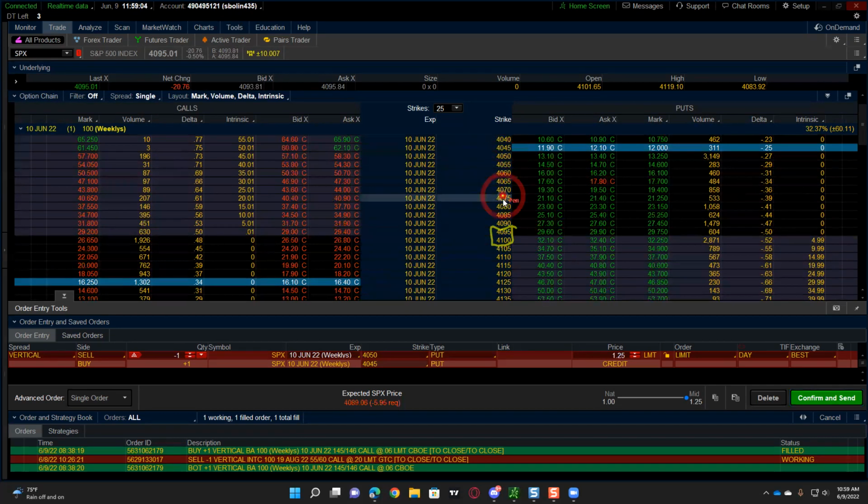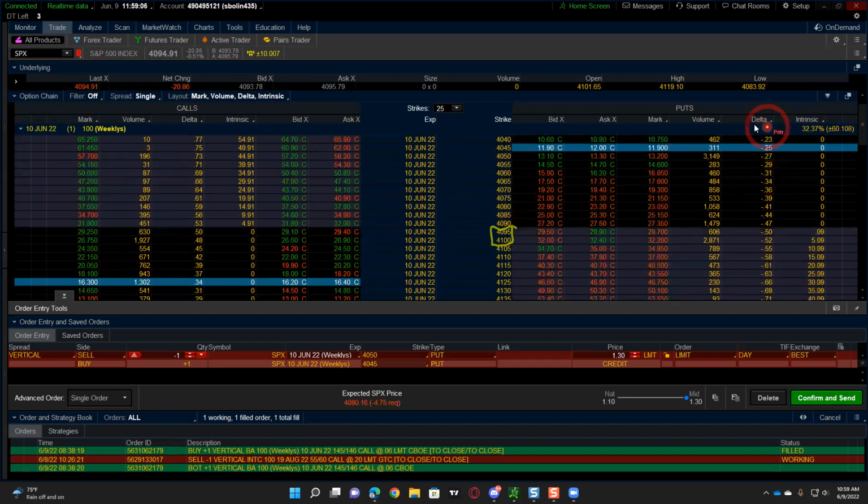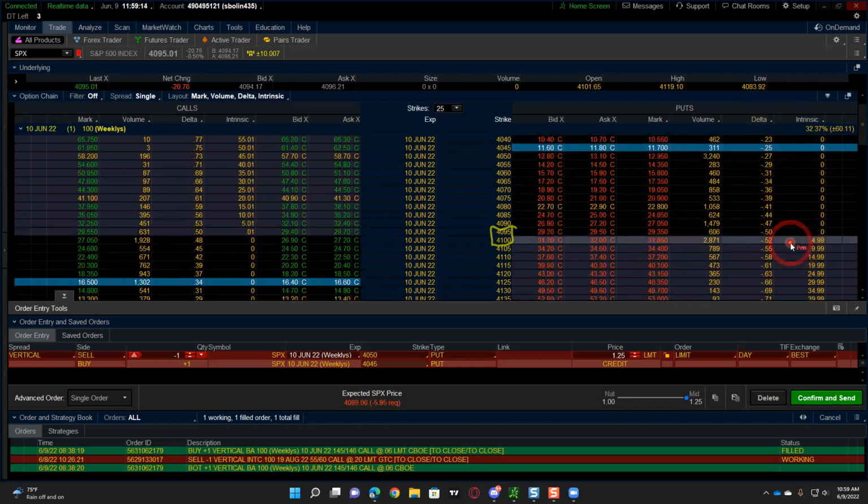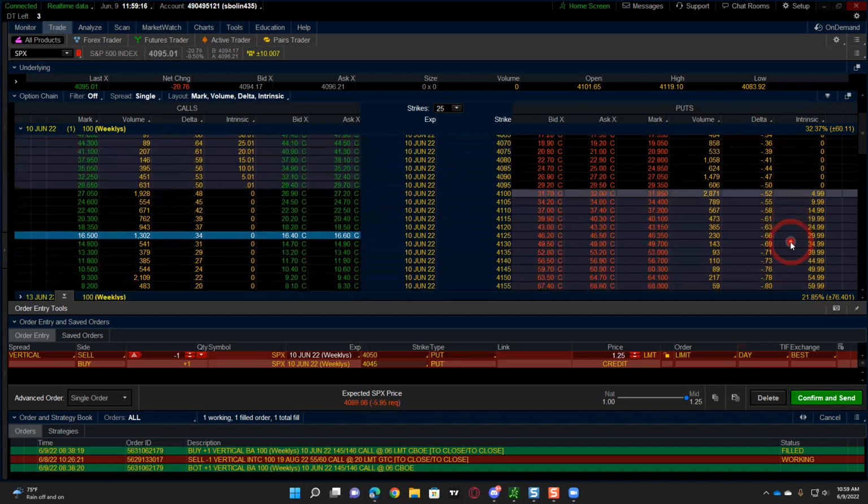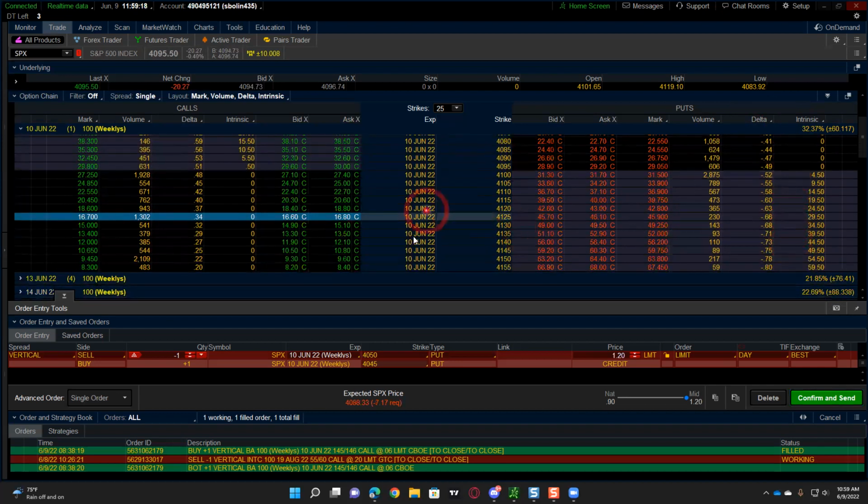Okay. So if I didn't want to use delta on both sides, and I started with delta on the put side at 25, what would I use for the call side? Would I count down just like I did a moment ago and choose those strikes based on my count?